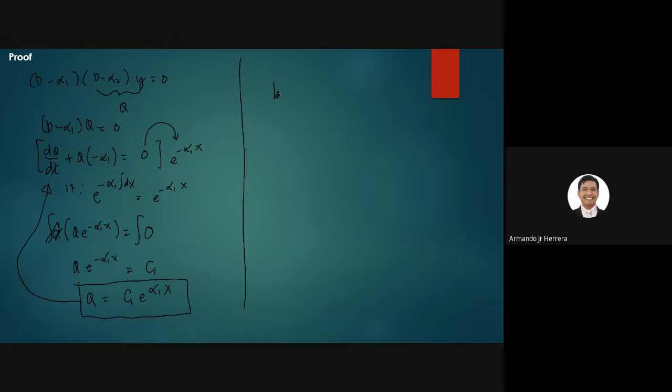But then again, we set Q be equal to D minus alpha 2 of y. So substituting, let me just rewrite. Q is equal to c1 e raised to alpha 1 of x. But Q is D minus alpha 2 Y is equal to c1 e raised to alpha 1 of x.